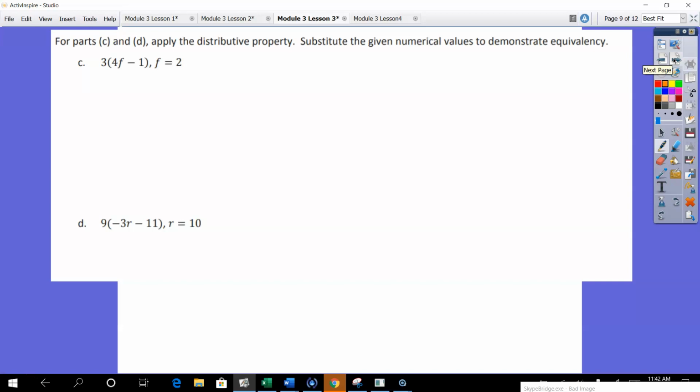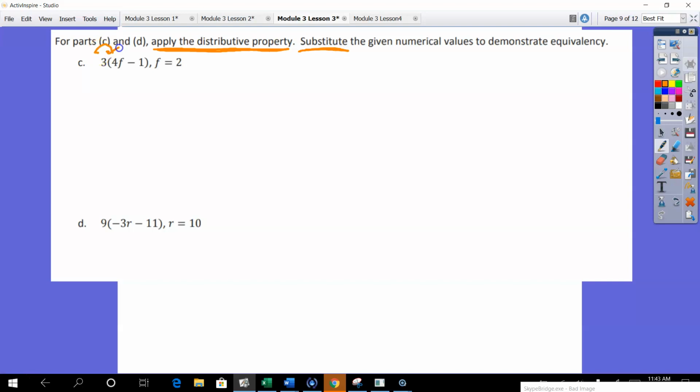Okay, so you are continuing on with those exercises. It asks us to apply the distributive property only, and then substitute to make sure that we did it correctly.